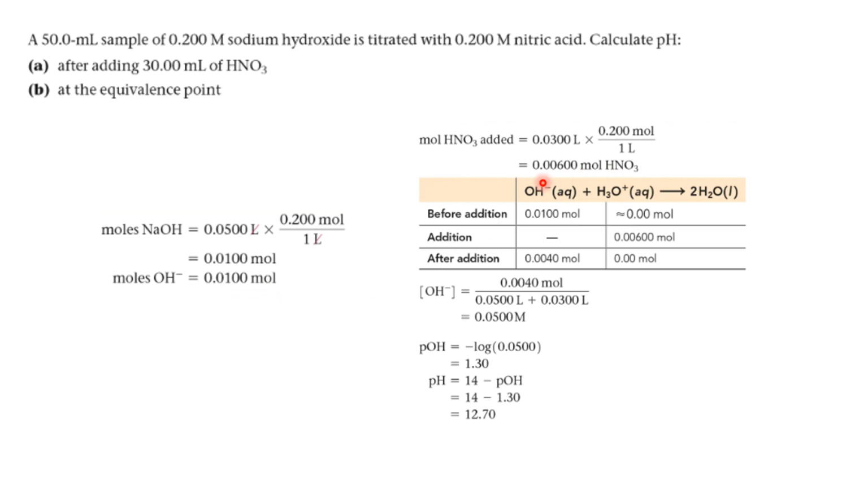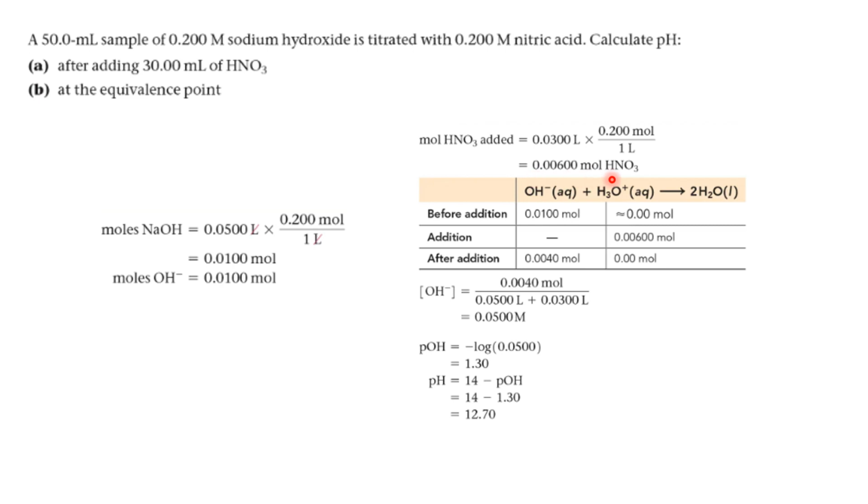You can make a reaction table where you show that the base is reacting with the acid, and you know you're starting with this amount of base. The question is, how much acid are you adding? Well, you're adding 30 milliliters of a 0.200 molar nitric acid solution. You can calculate the moles of the acid the same way you calculated the moles of the base.